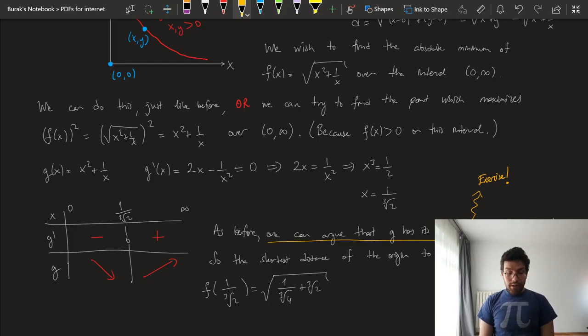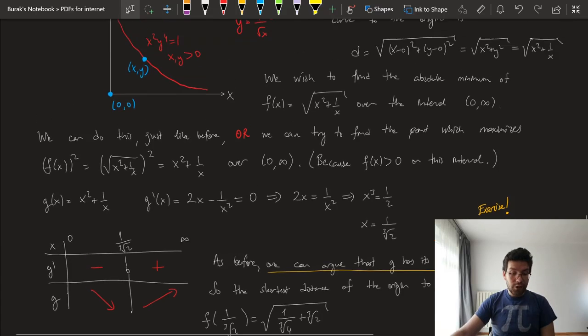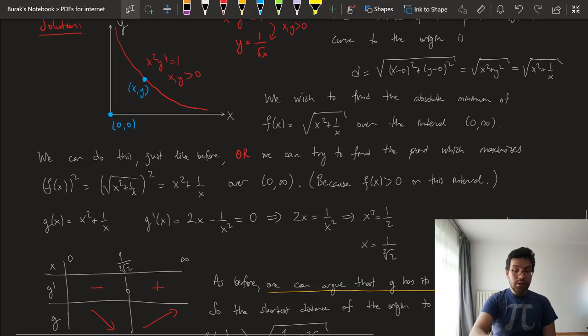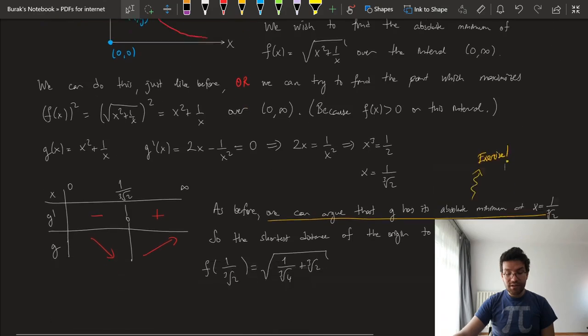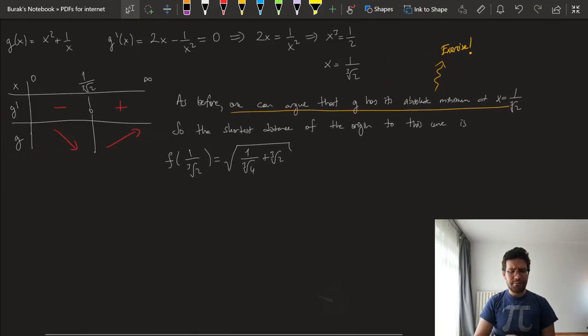And that's it. This is the point which gives you the shortest distance. Its x coordinate is 1 over cube root of 2, and you can find its y coordinate. It's going to be 1 over square root of that number, whatever it is. And the shortest distance is this ugly number.